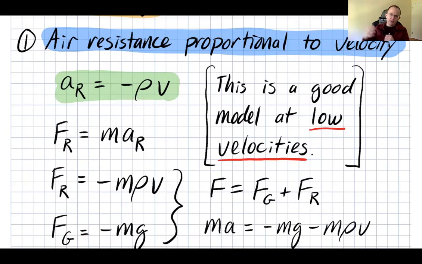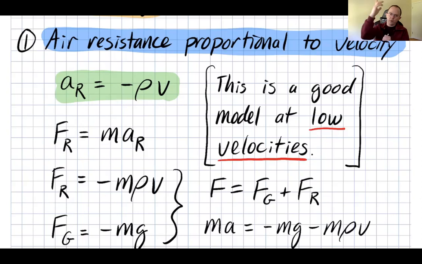We will look at that model in the next step. But for low velocities, this linear air resistance is actually going to be pretty good. There's an example in the book where they look at both models, I think for a crossbow bolt.